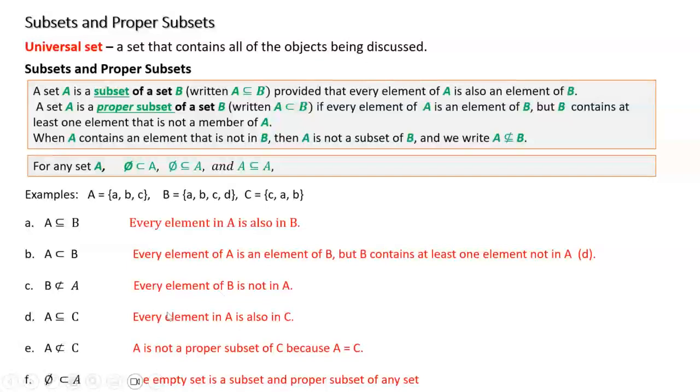That's why. And F is the definition here: every set has the empty set as a subset. For any set A, the empty set is always a proper subset and a subset of A. That's why F is true according to this definition.